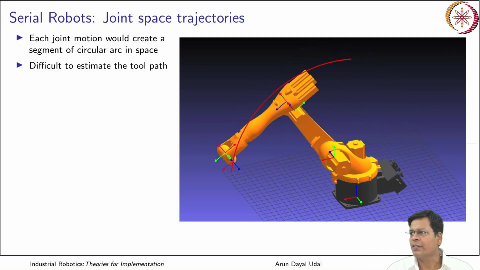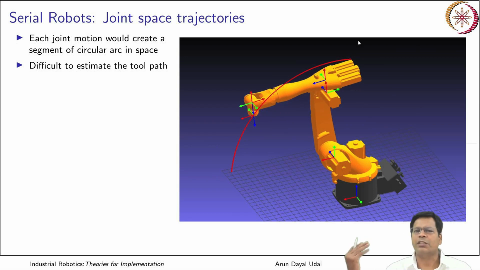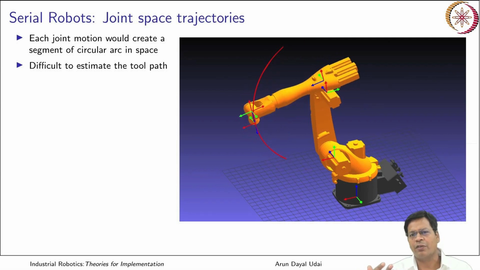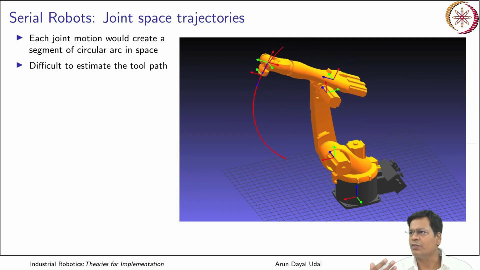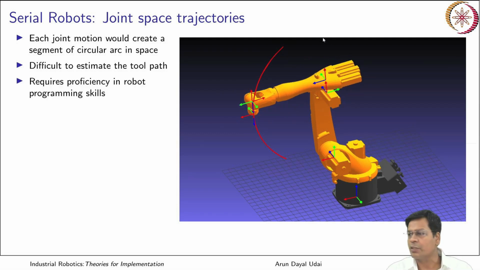But in this case, you cannot predict where this robot will go. Yes, you have some estimate that it is going to make some circular trajectory in space, but using this kind of trajectory for programming is not at all advisable, because it is very difficult to estimate the tool path. Yes, very experienced users can do it. It requires proficiency in robot programming skill if at all you want to use it. So you should be very much familiar with this robot.